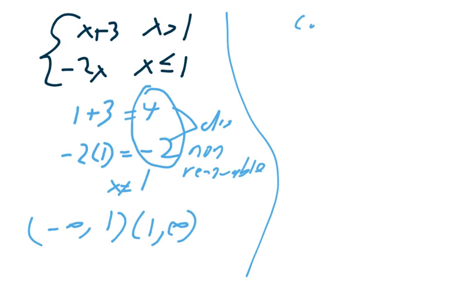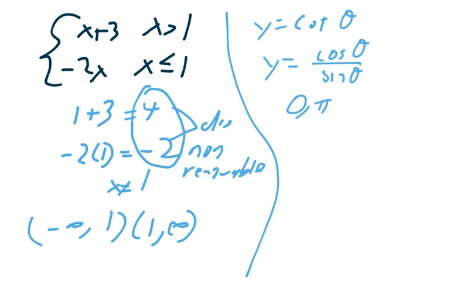And one more. If I did y equals the cotangent of theta, well, that's cosine over sine. So the question is, where is the sine of theta equal to 0? Well, that occurs at 0 and pi and 2 pi and so on.